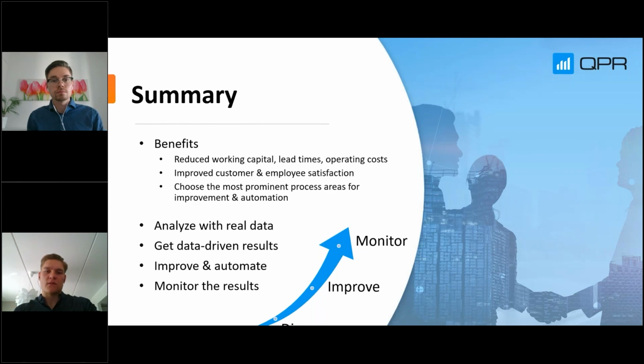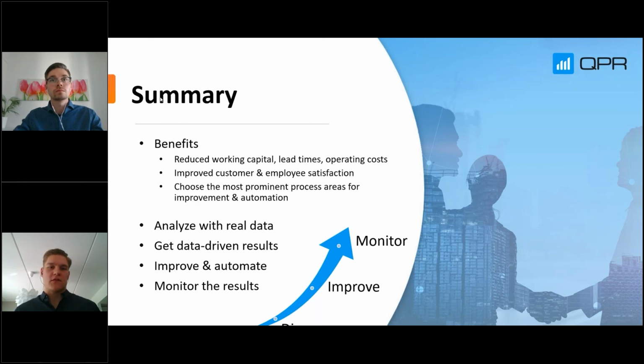The basic method that we showcased is to first discover your process and then improve it and then monitor it. And discovery is based on real data, and the analysis are in a data-driven way. So you can analyze as it is happening in reality instead of trusting individuals' opinions.